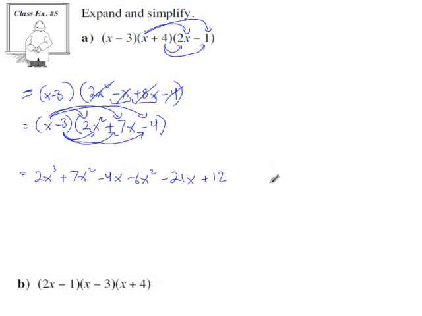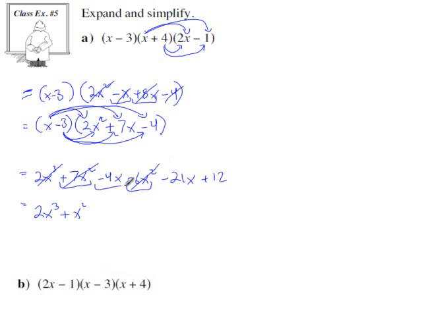Now you've gotten rid of all of your brackets, so your last step is to combine like terms. So you have only one x cubed term, so 2x cubed. Your x squared terms, I have 7x squared minus 6x squared. So 7x squared minus 6x squared is just x squared.